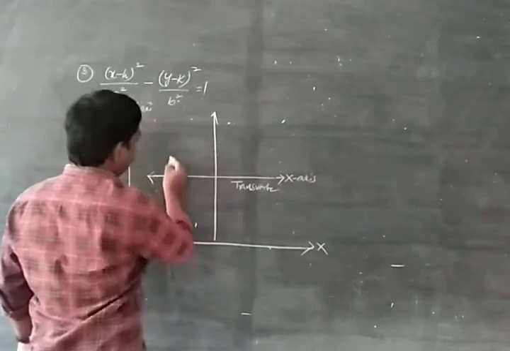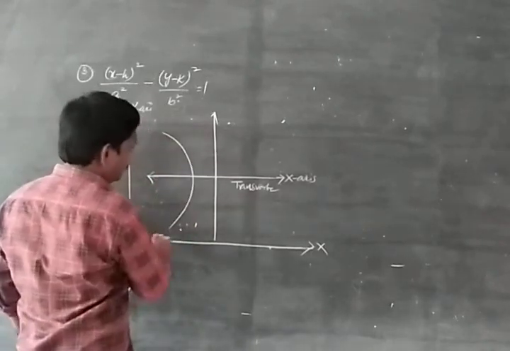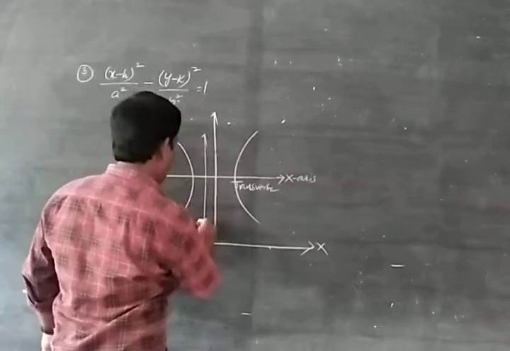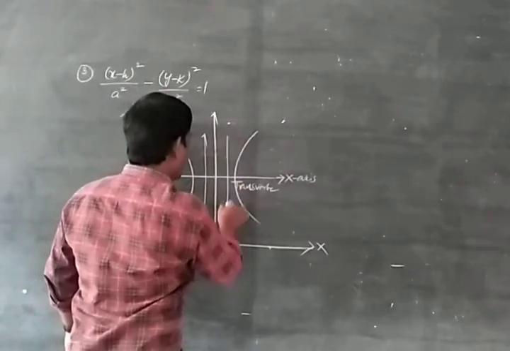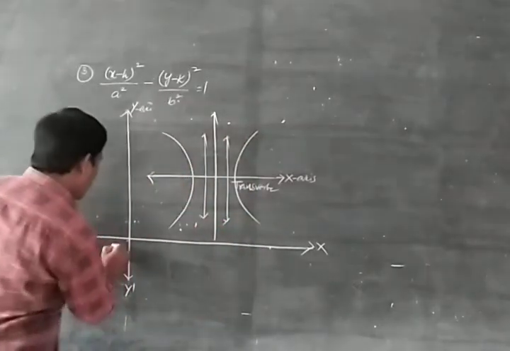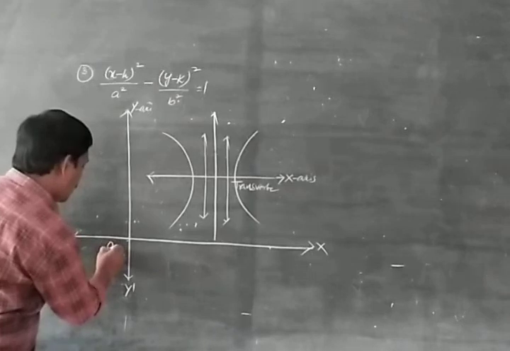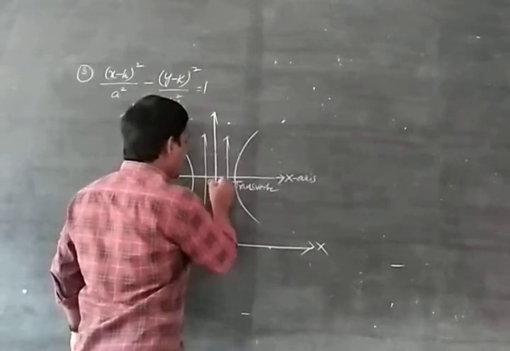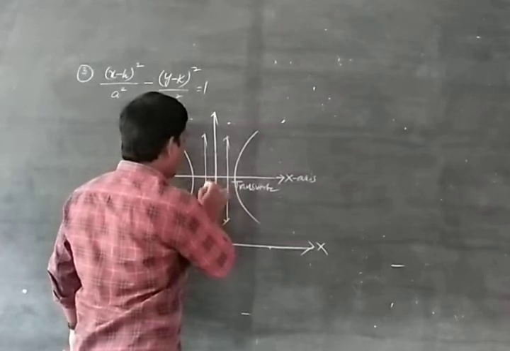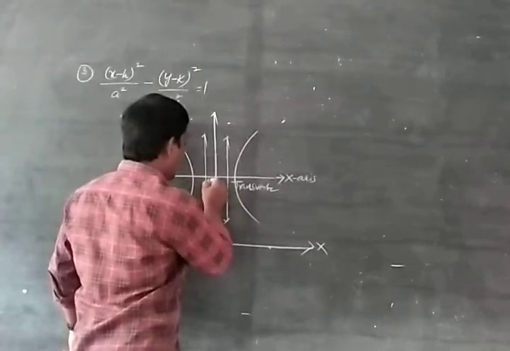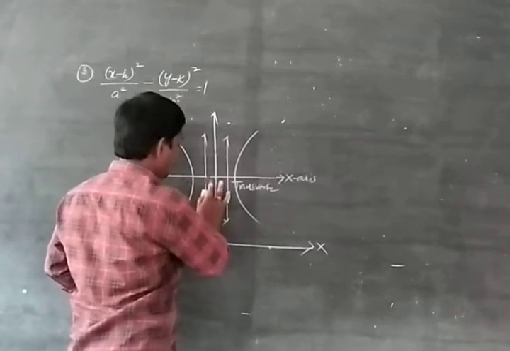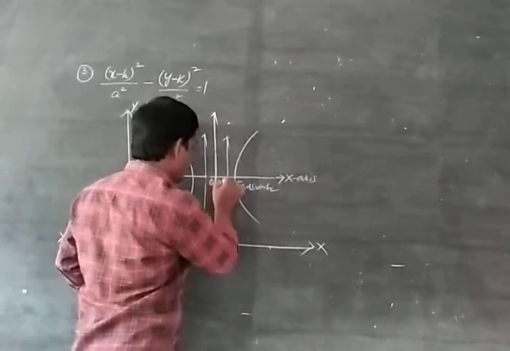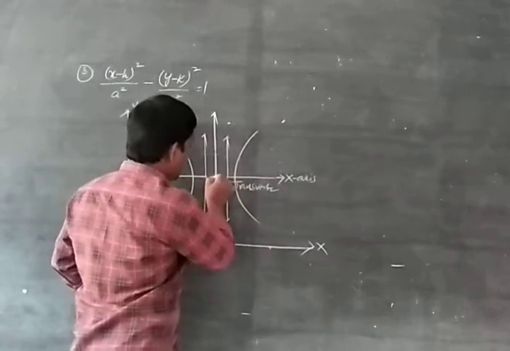Here the origin is O, 0 comma 0, but here the origin O is h comma k.